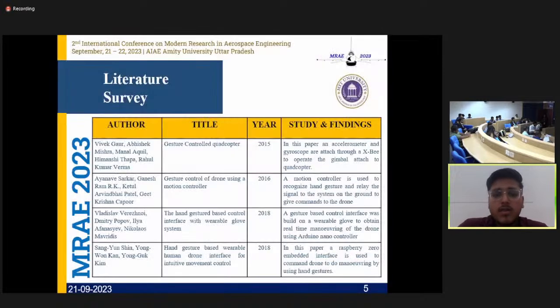Now, coming to the literature survey, what we have done is read about different types of communication that have been pre-established earlier using accelerometers or gyroscopes or a leap motion controller.